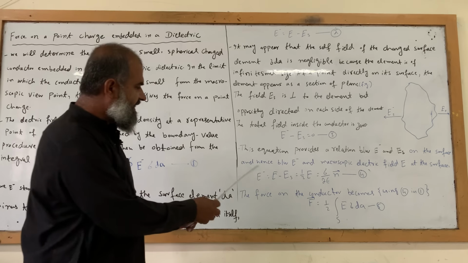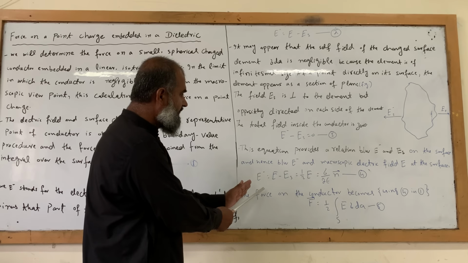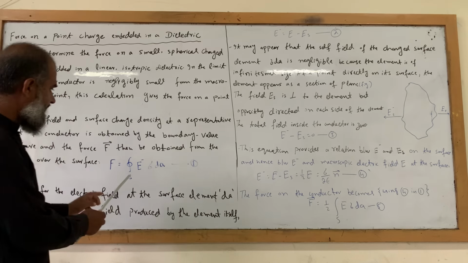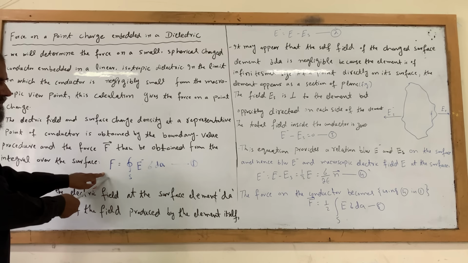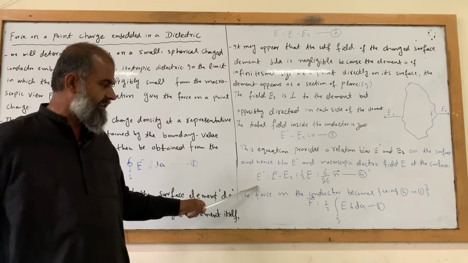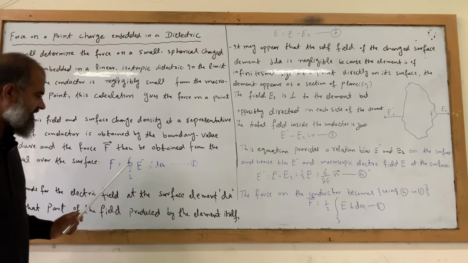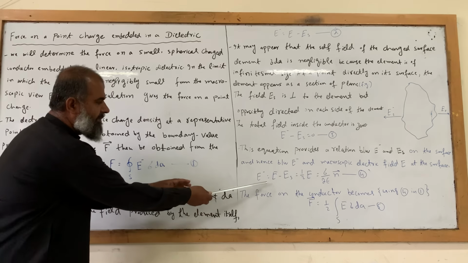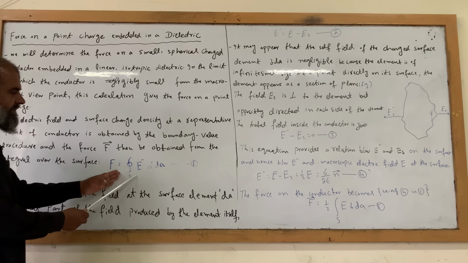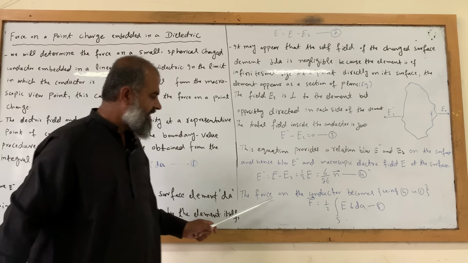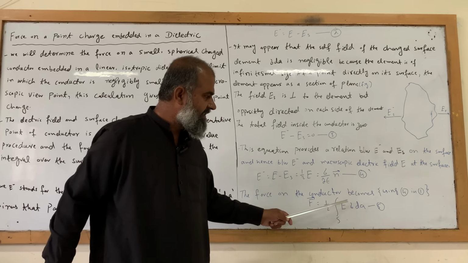Now you can use this E prime in equation number 1 to calculate the force. This is the electric field and this is the force. To get the force F, just plug this value of E prime into this equation. You will get the force on the conductor.